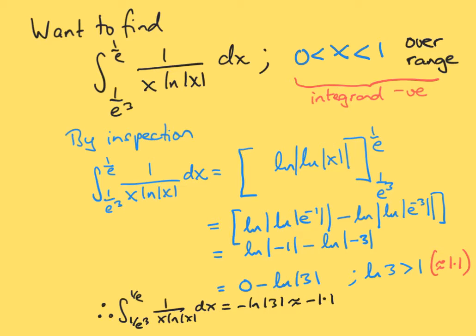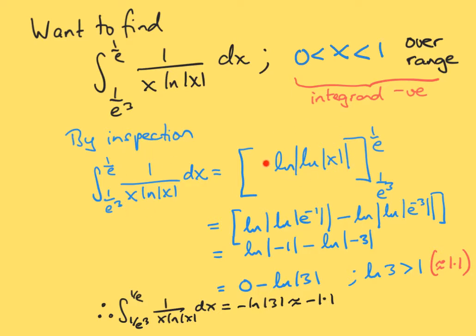So instead, the pattern that we recognize ought to be that this is going to be the logarithm of the thing which is raised to the power of minus 1. So we're going to have the logarithm of the logarithm of x. And I've just left a little bit of space here just to think to myself, if I differentiate this, do I get this?